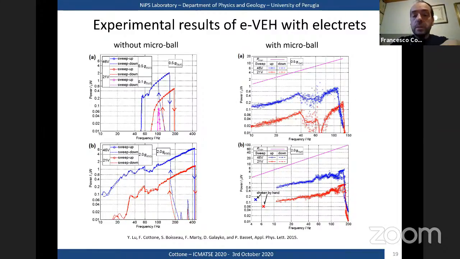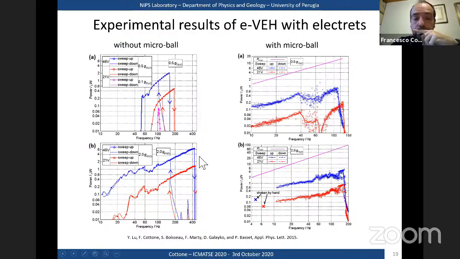So we deposited on the silicon a small coating layer of parylene, and that parylene was charged by corona discharge. And depending on the energy applied in the corona discharge method, we obtained 46 volts of surface constant potential and 21 volts with two different experiments.